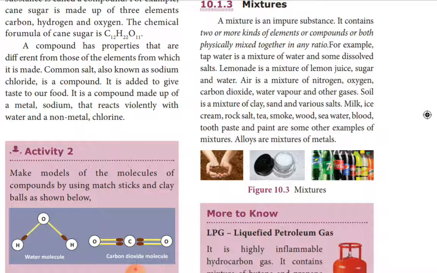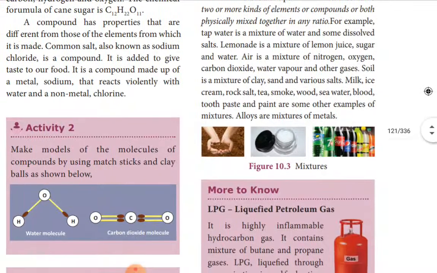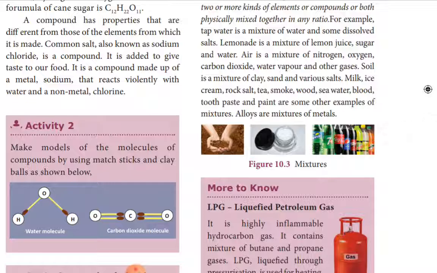Sodium reacts violently with water. Chlorine is poisonous. But these two combine to form sodium chloride, which is a stable compound, which we use in our kitchen, and which is entirely different from the properties of the constituent elements.